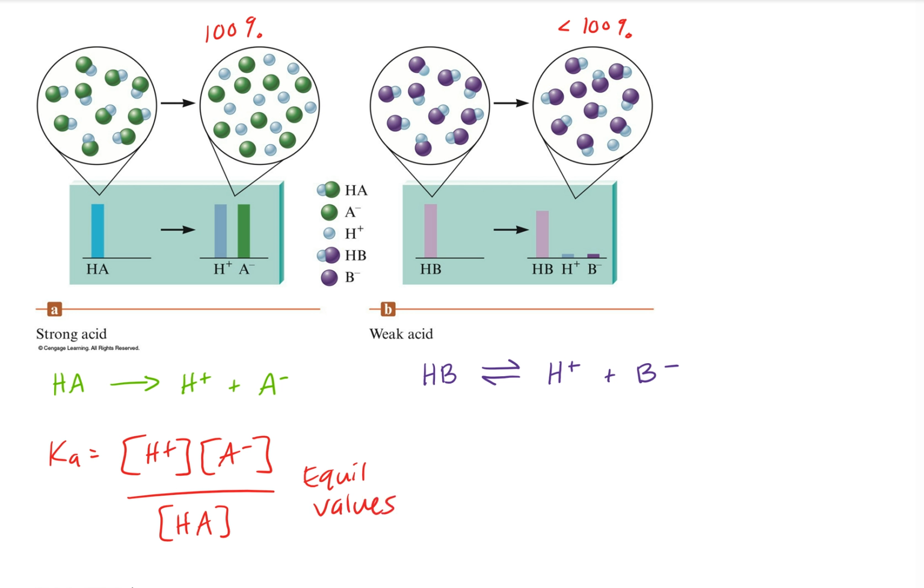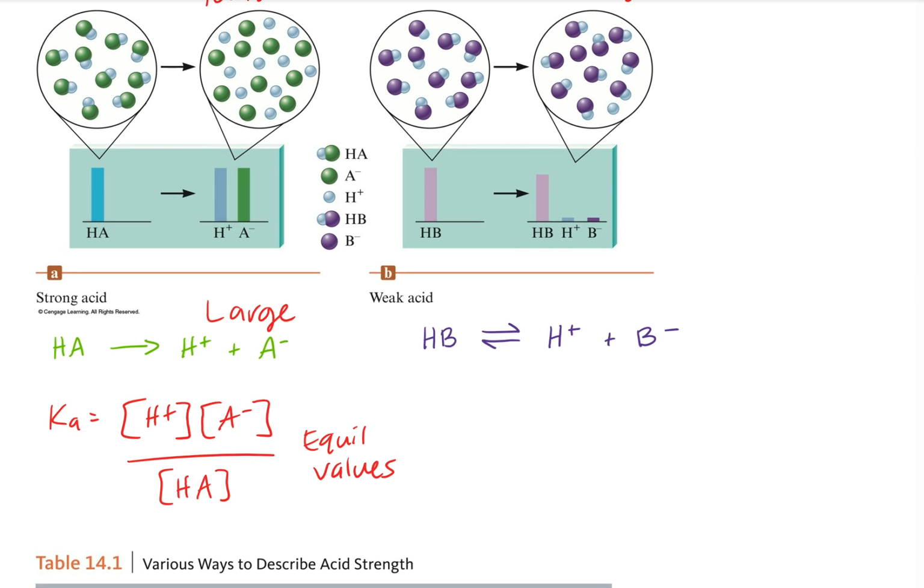But since HA is a strong acid, the concentration of hydrogen ion and the anion are going to be very, very large. This is a very product-favored process. And so if the products are very large at equilibrium, we have a lot of them, the value of Ka for a strong acid is extremely high.